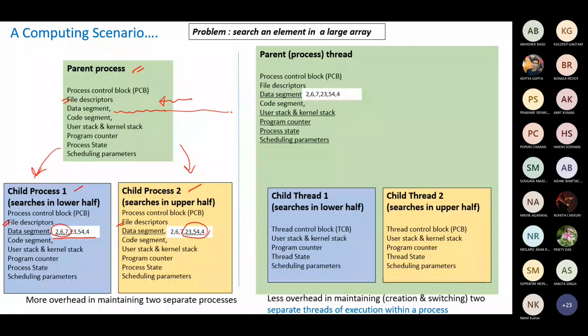So if you have created multiple child processes, you can take advantage of running the code simultaneously if you have multiple CPUs. If you have a single CPU, there is probably no gain. But if you have multiple CPUs or multiple cores, say 4 or 8, then creating multiple child processes can speed up the execution, right?